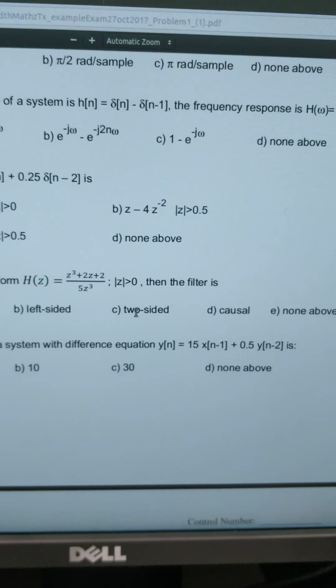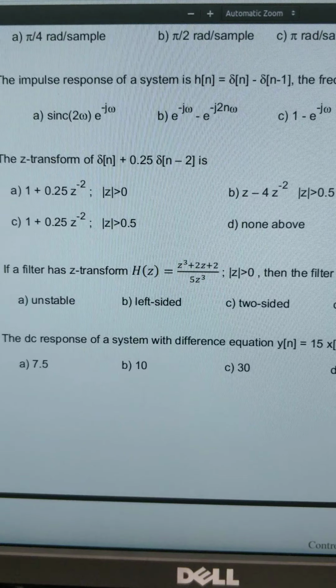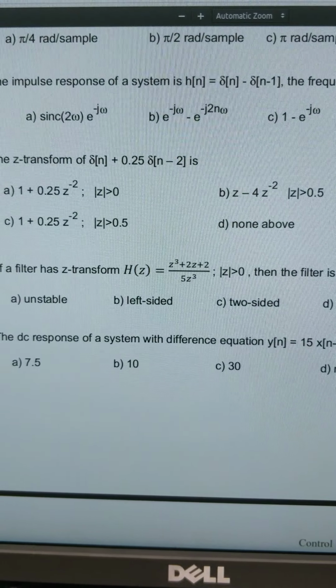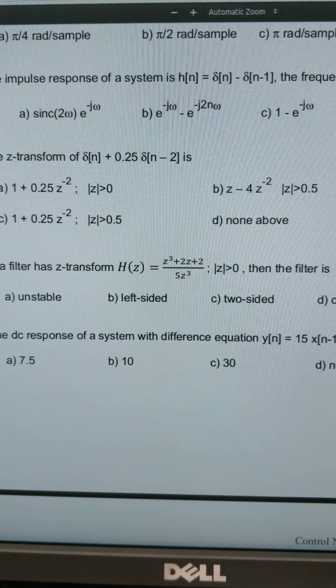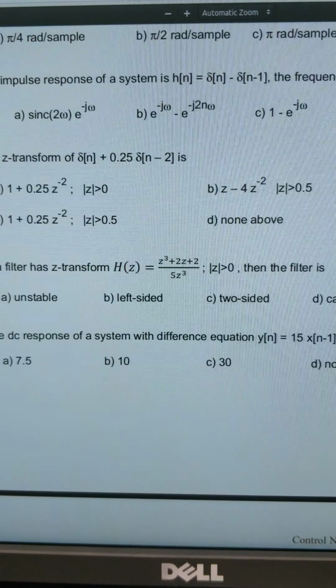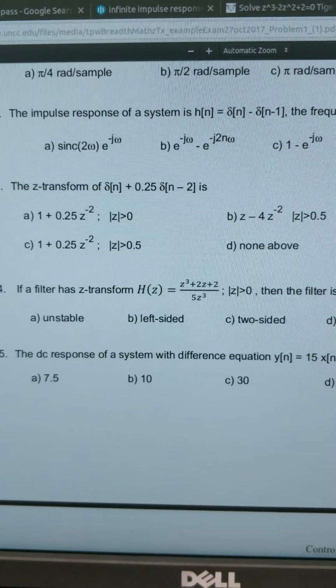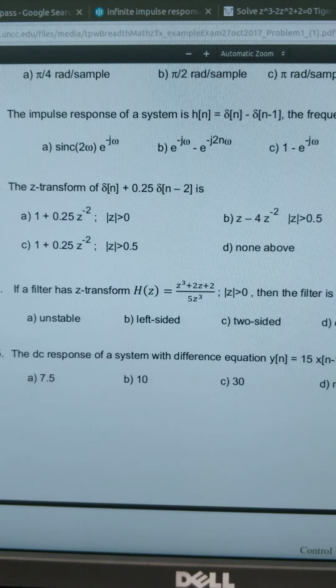Since we know that the regions of convergence is when z is greater than 0, then we can easily draw the unit circle graph and portray that.